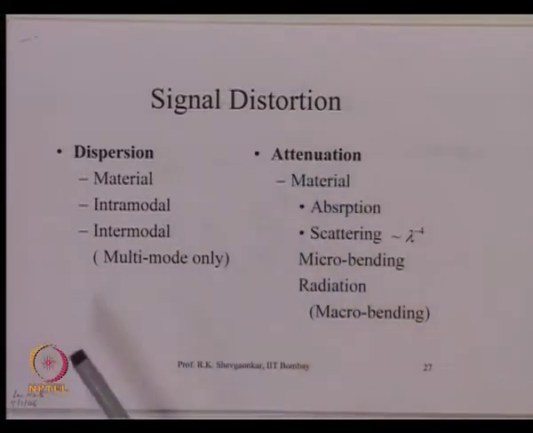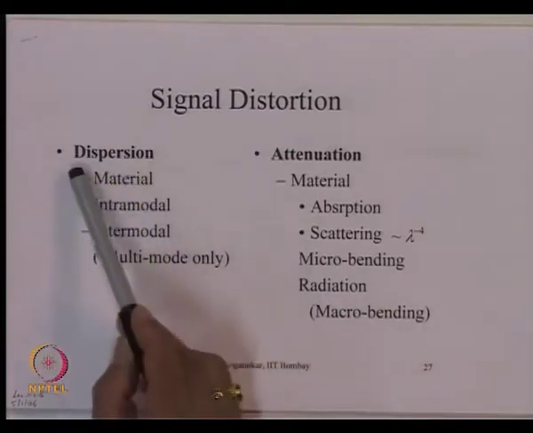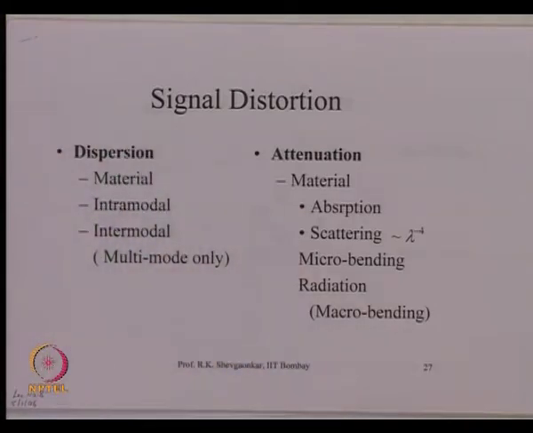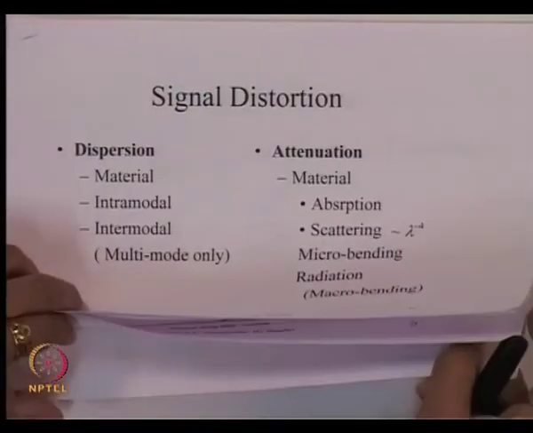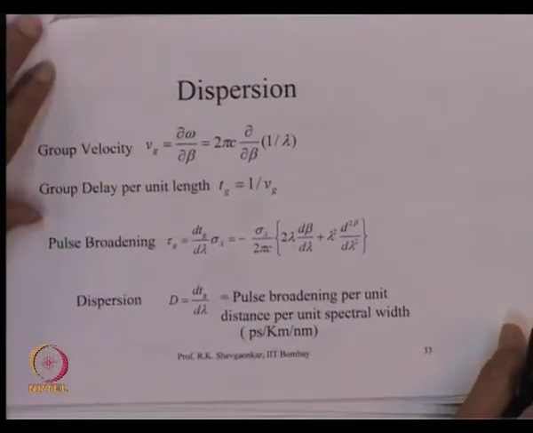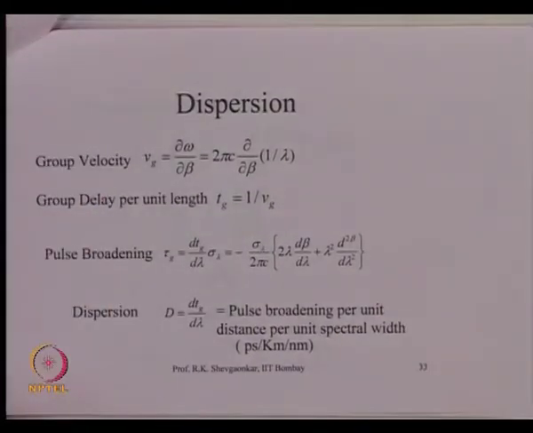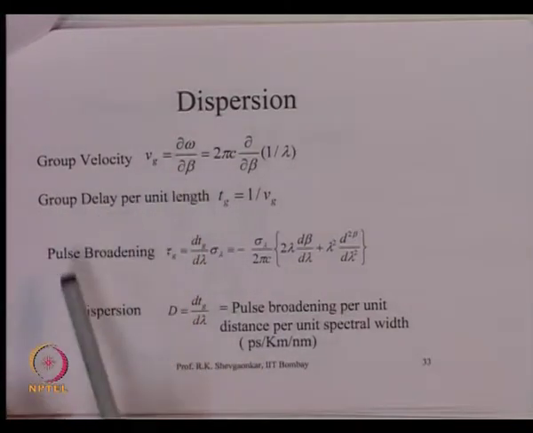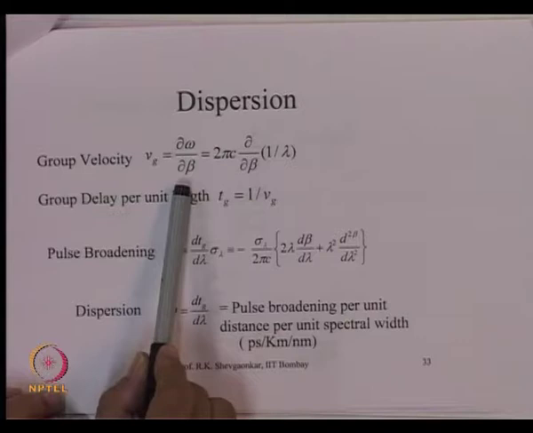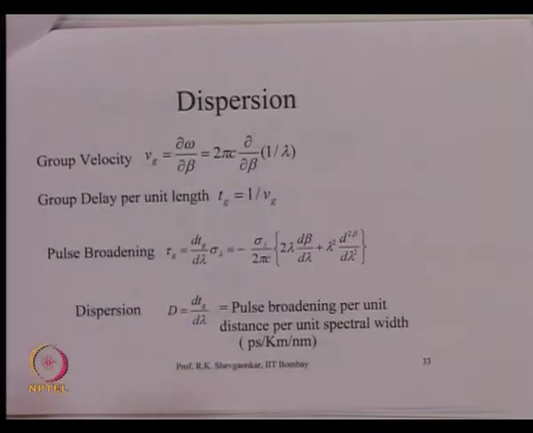The attenuation, that is the loss of energy as the pulse propagates, could be due to various reasons, and we will discuss this subsequently. So, in the last lecture, we started discussing in detail this quantity, dispersion. We defined dispersion quantitatively, and we said if you have the relationship between omega and beta, then from there we can calculate what is called the group velocity, that is the velocity with which the pulse travels on optical fiber.